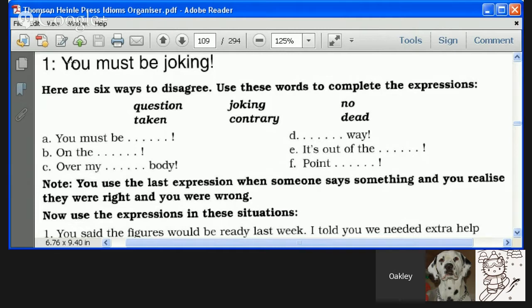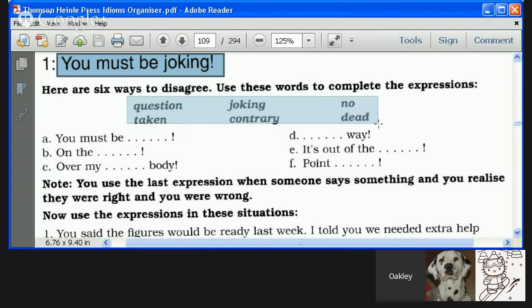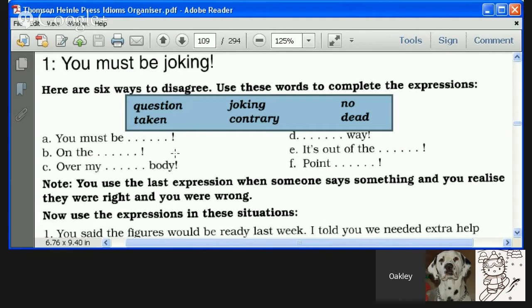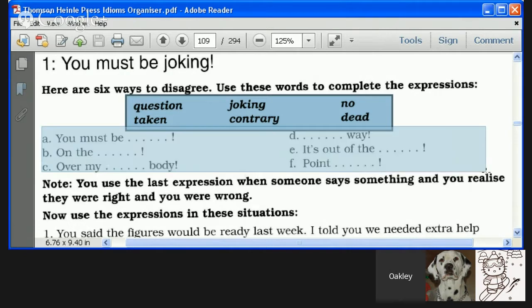Okay, we're going to start off looking at six idiomatic expressions which we use to disagree. We're going to start off by using the words in bold print italics to fill in the blanks for these various expressions.